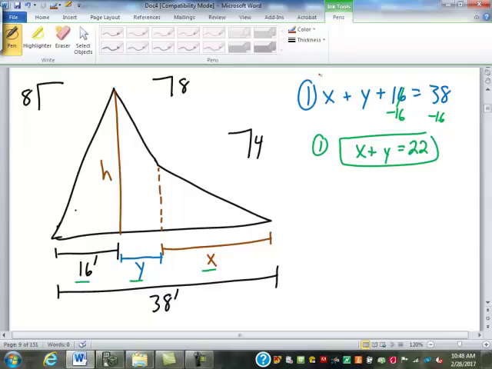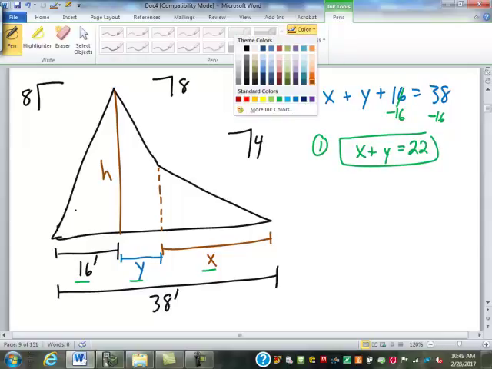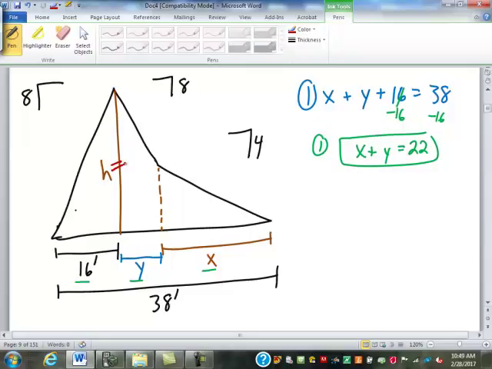I can find h directly here. What's h have to be? 8 over 12 equals h over 16.